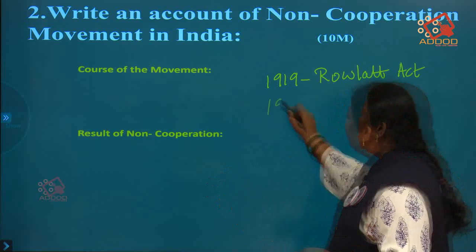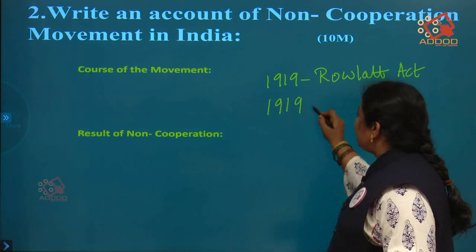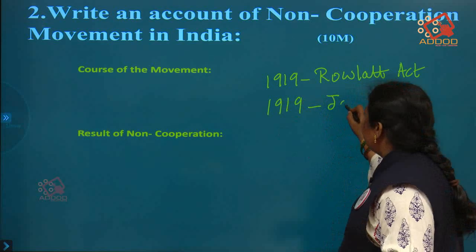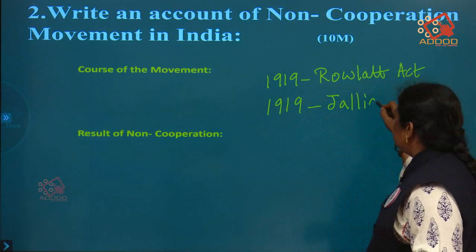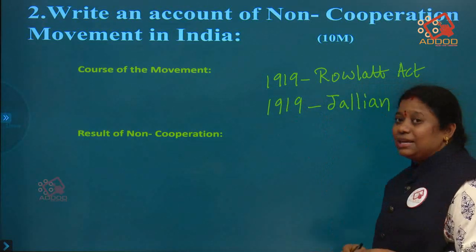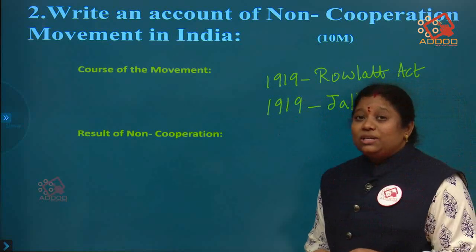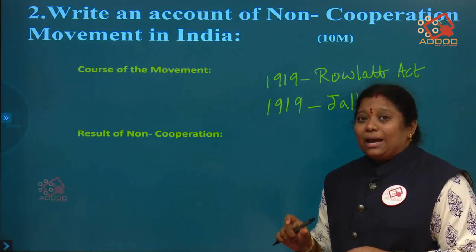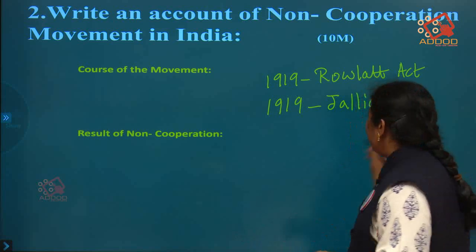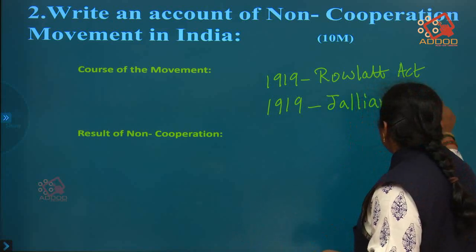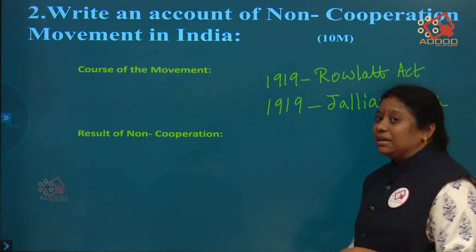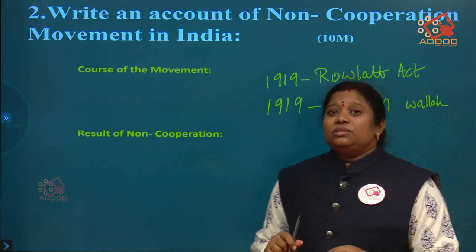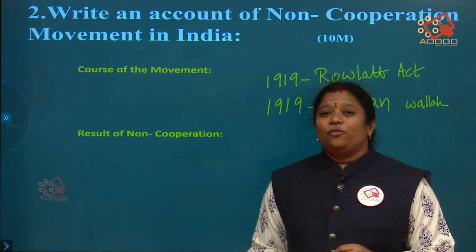So because of these movements against the Rowlatt Act, there was the Jallianwala Bagh massacre. This was a tragedy, we can say a black hole tragedy, during the time of the Indian national movement. So many people died in this massacre, and General Dyer was responsible for that.